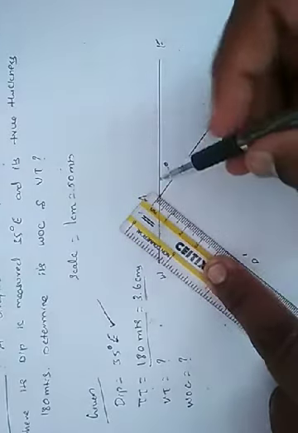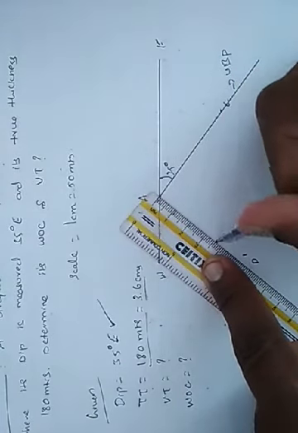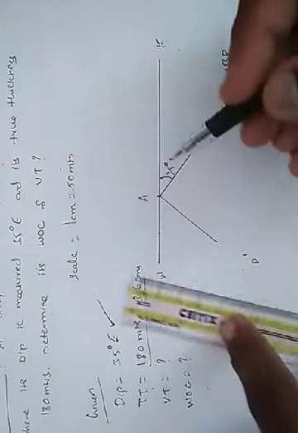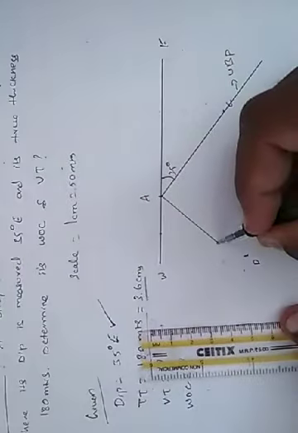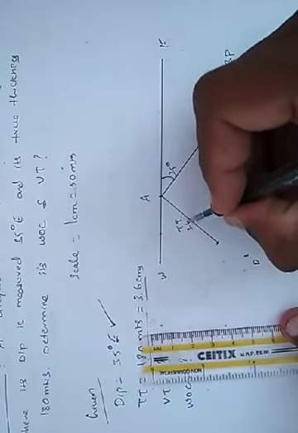So 1, 2, 3.6 centimeters. So I will draw exactly 3.6 centimeters line. So this is the TT, that is 3.6 centimeters.